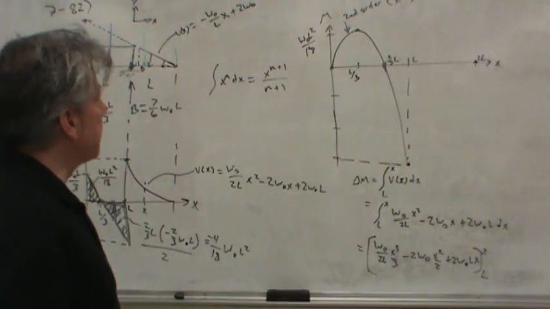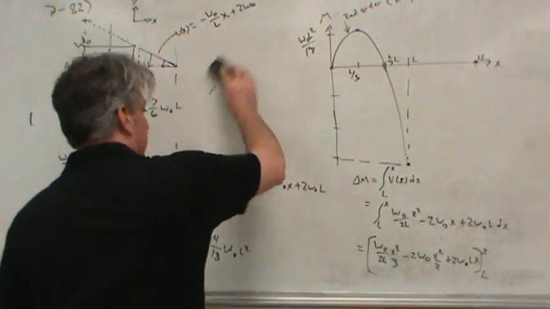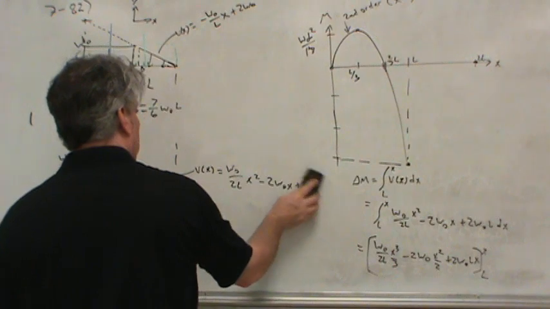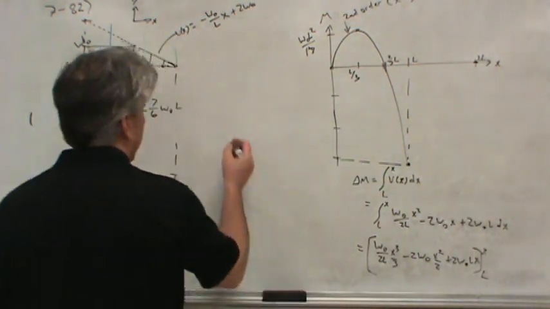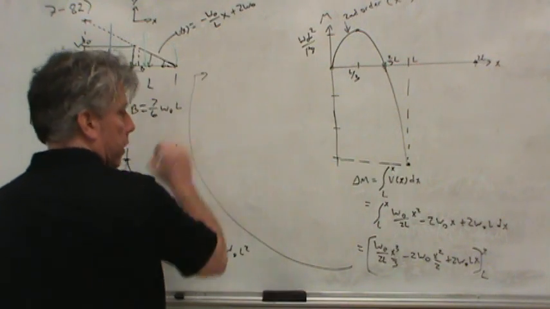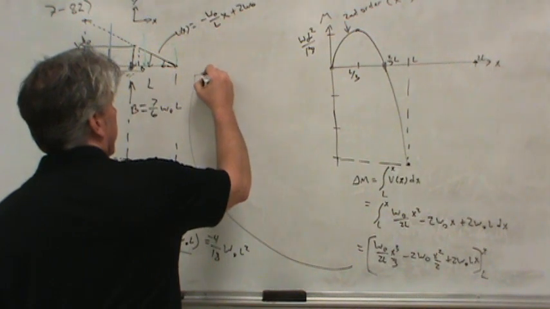Now I'm running out of space, and I don't want to erase my diagram or any of this work yet, so let me cheat just a bit. I have to get rid of this for the time being, and we'll go up here and continue our work, okay? So plugging in X, all we've got to do is copy what we've got.